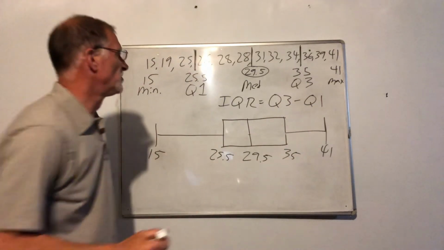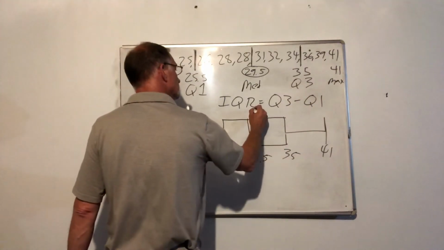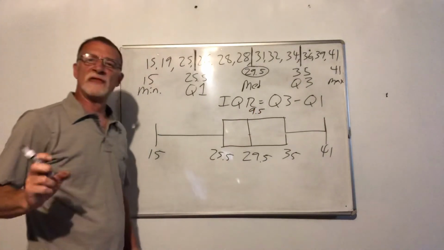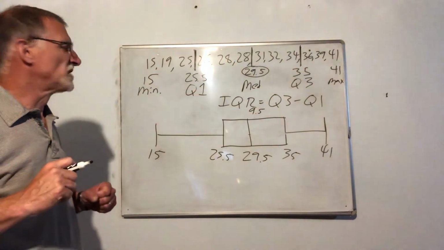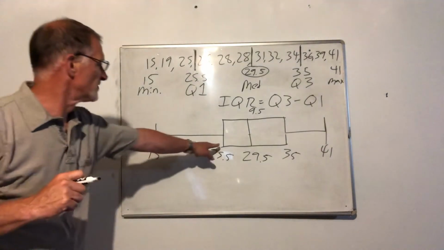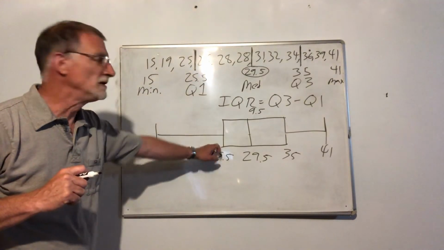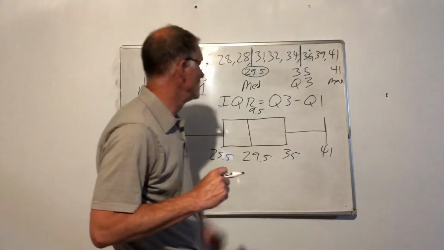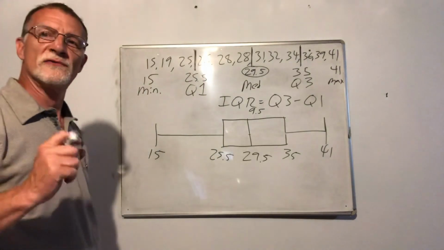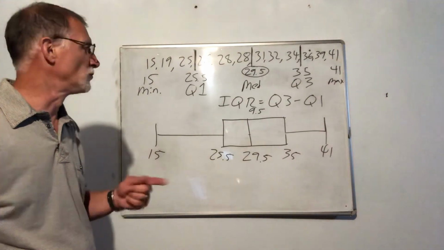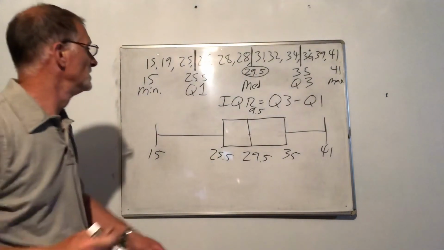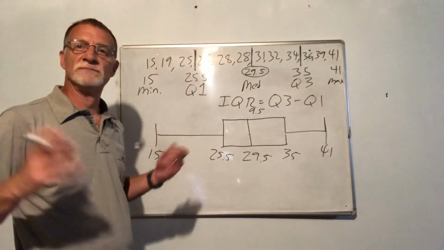That range is 9.5. And then 1.5 times the interquartile range, subtract it from quartile 1, add it to quartile 3 to see if you have any outliers. Anything beyond that range, or beyond 1.5 times the interquartile range, is an outlier.